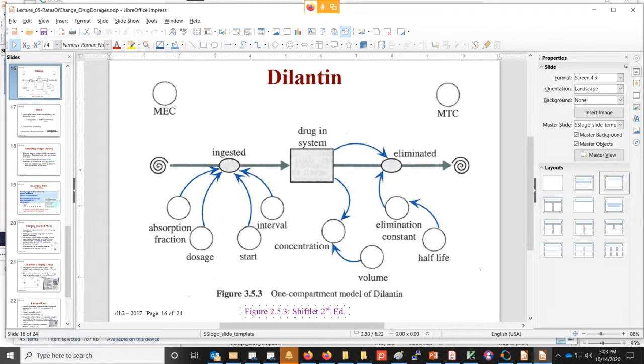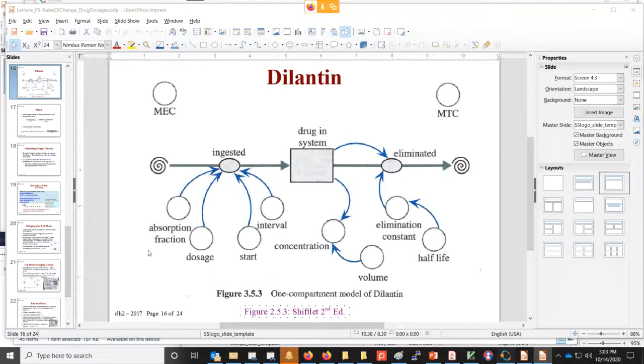When we start taking the drug, we're going to start with that dosage. I'm going to do an example here where we just take the drug once. Then we get the drug in our system, but our body then eliminates it.